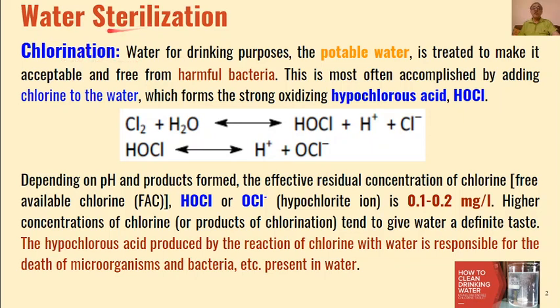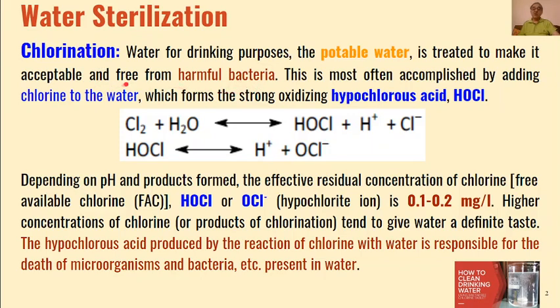So basically, domestic water or potable water for drinking purpose is treated with chlorine so that it may be acceptable and free from harmful bacteria present in the water.